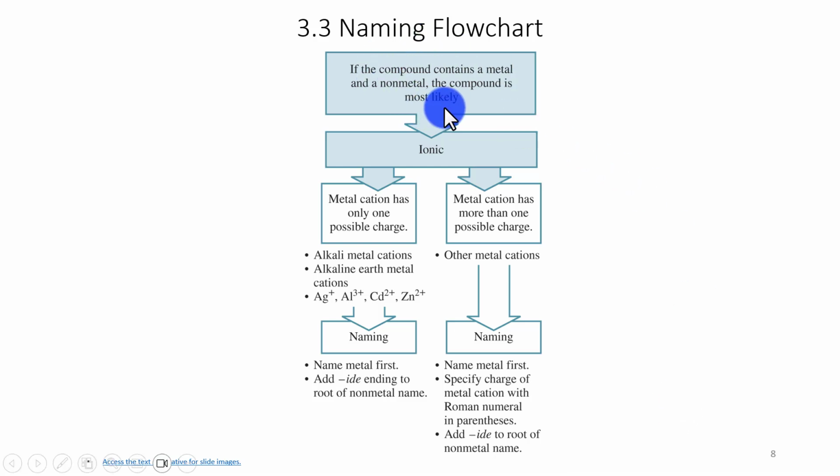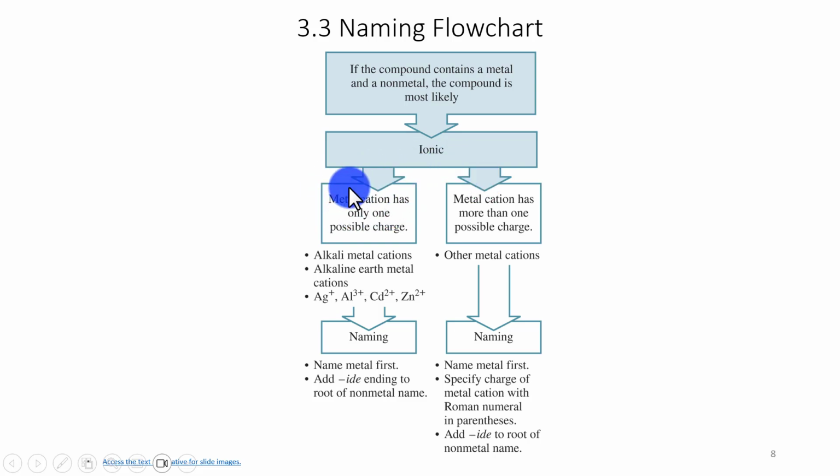Here's the flow chart. If the compound contains a metal, the metal will be listed first. So if your first element in a binary compound is a metal, most likely you will have an ionic compound. There are two types of ionic compounds.